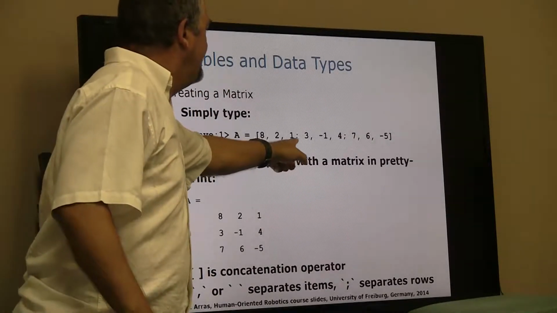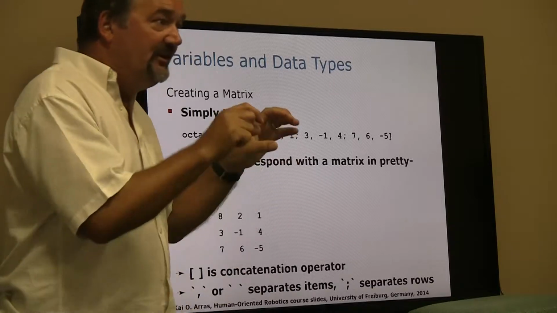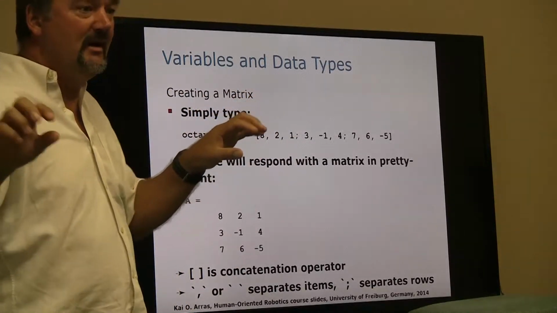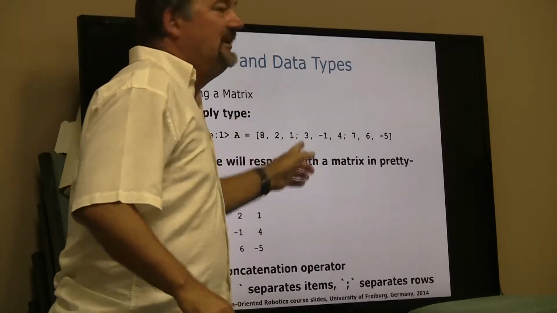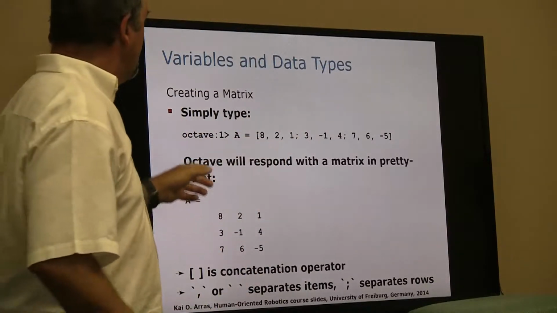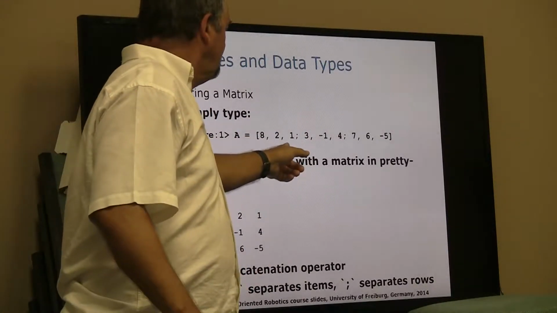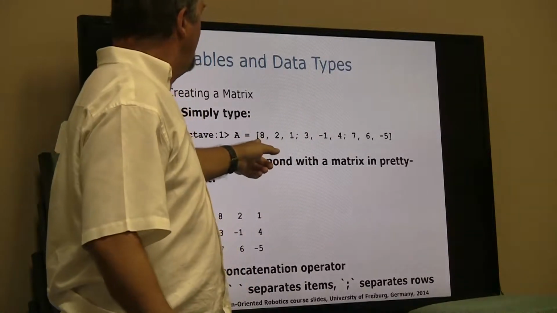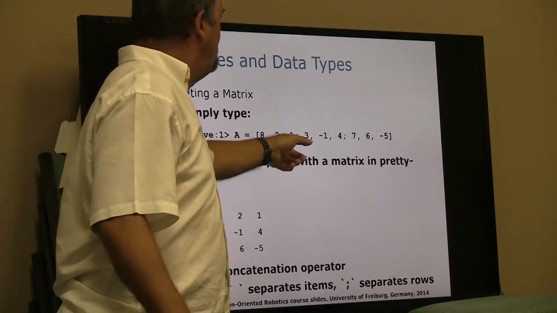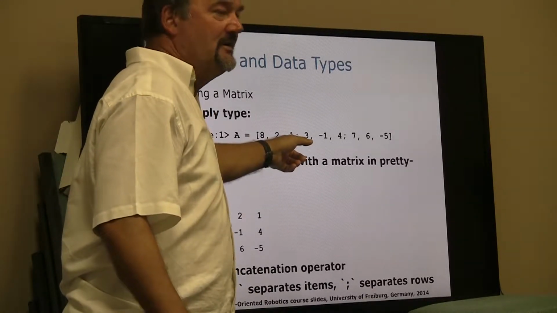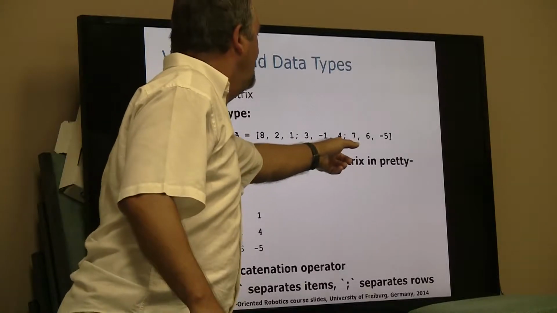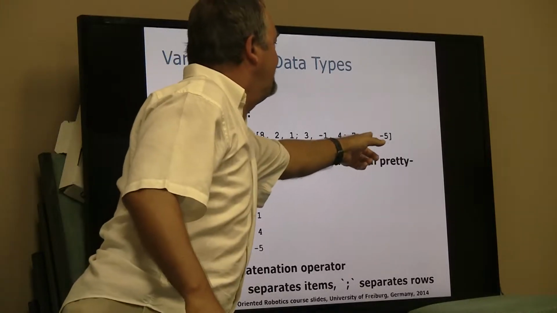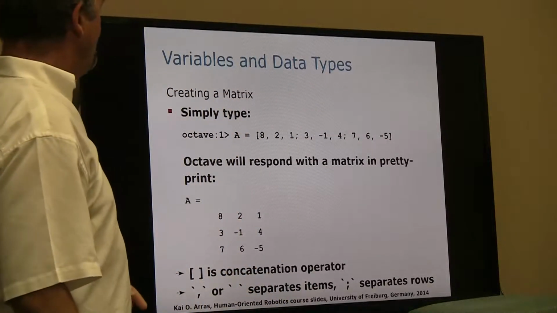Commas or spaces are delimiters between elements in a row, and a semicolon delimits a row and starts the next row. So this says concatenate 8, 2, and 1 into the first row, 3, -1, and 4 into the second row, and 7, 6, and -5 into the third row.